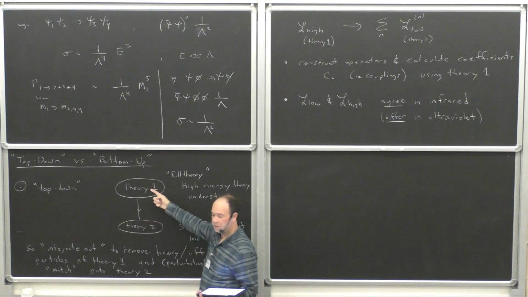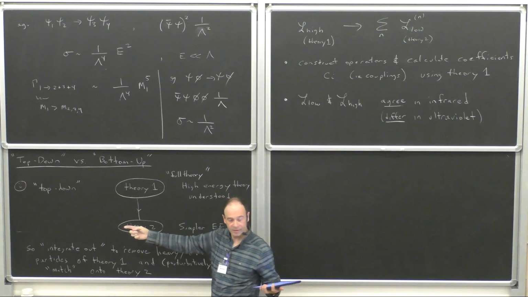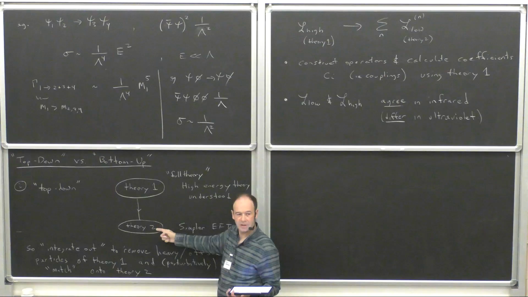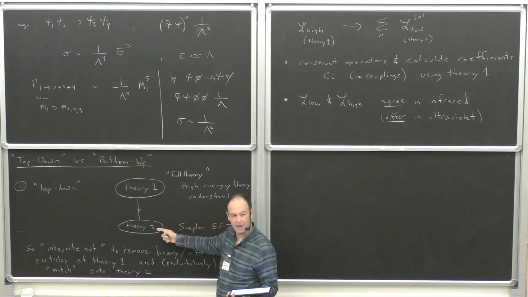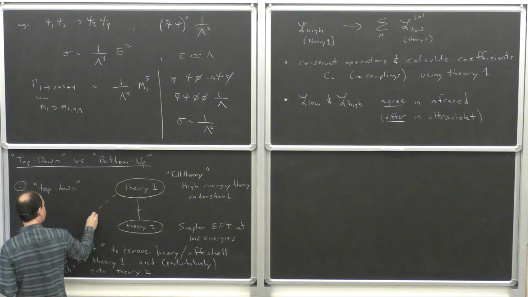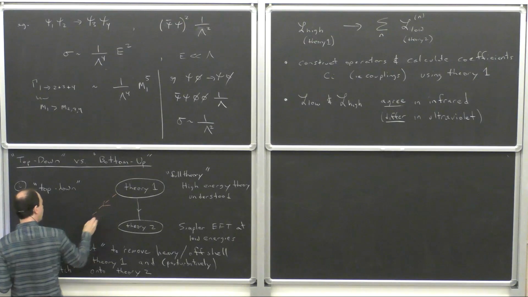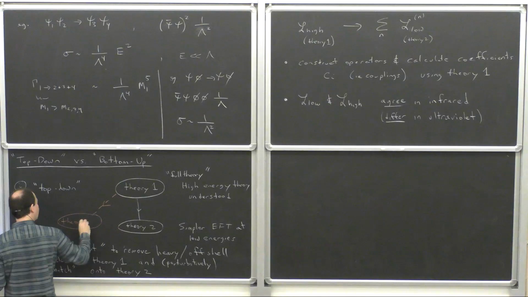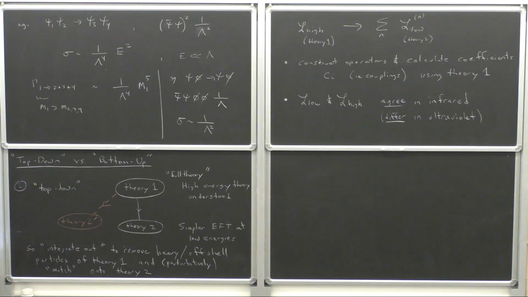This theory actually might describe many more problems than this theory. This theory is tailored, designed for a particular problem to be the simplest framework for that problem. If we're interested in a different path, there could be some other theory 2 prime that's the right theory to describe that problem, and it could also be a descendant from theory 1. So theory 1 has multiple children, if you like.